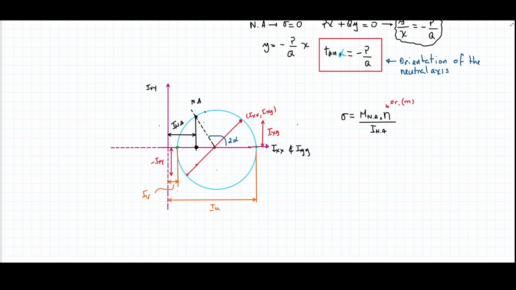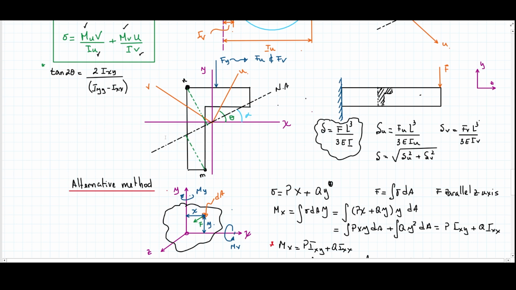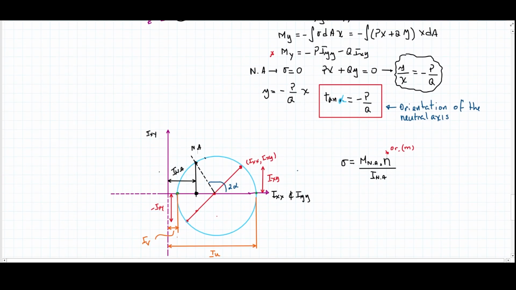And if I have the inertia around the neutral axis, I can calculate the stresses, because now I have all the ingredients. Stresses at any point N or M can be calculated from the neutral axis data using this formula. Of course, you have to find the moments now around the neutral axis. And now you can deal practically with unsymmetric bending.